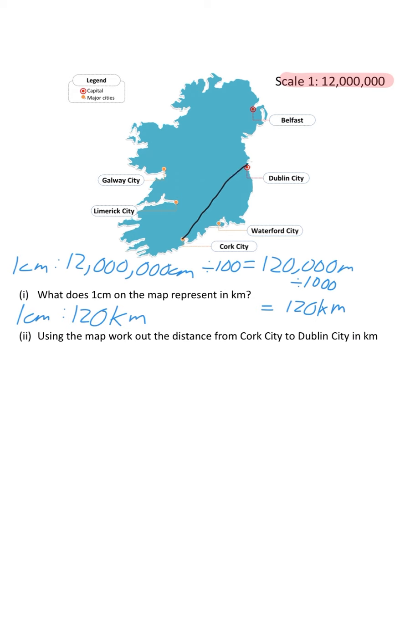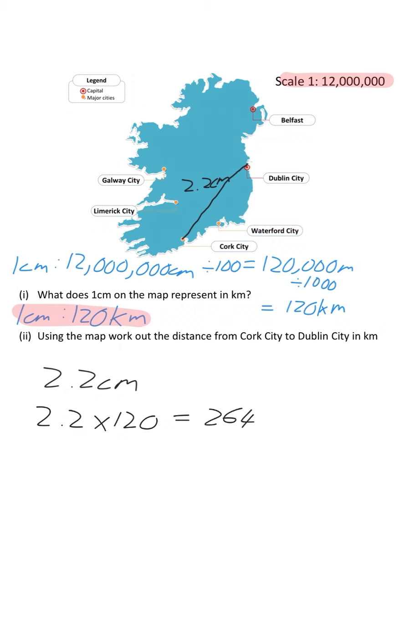So if I was using a ruler, and let's say this was 2.2 centimetres on the map, and I already know that 1 centimetre represents 120 kilometres, I'm going to do 2.2 multiplied by 120, and that is going to be 264 kilometres. So 264 kilometres is the estimated distance from Cork City to Dublin City.